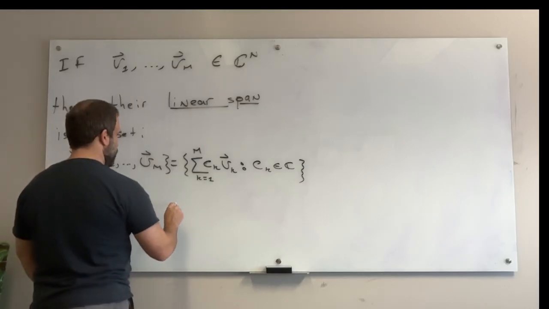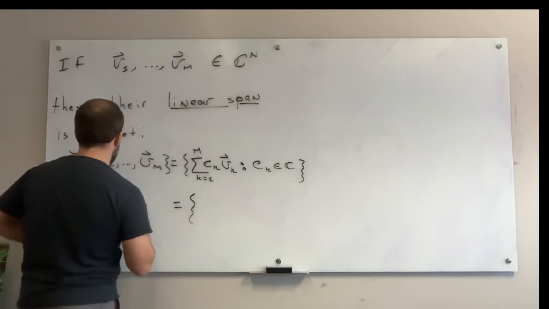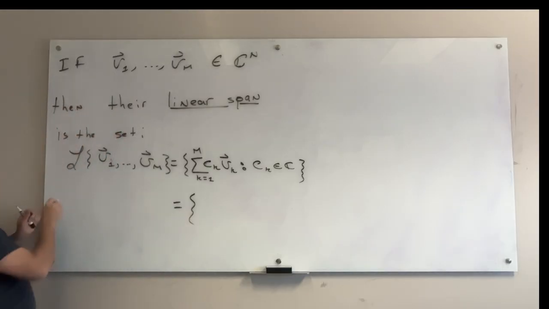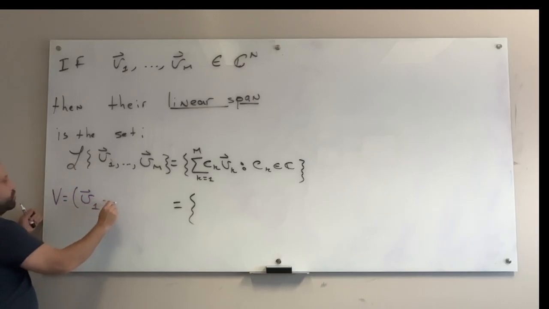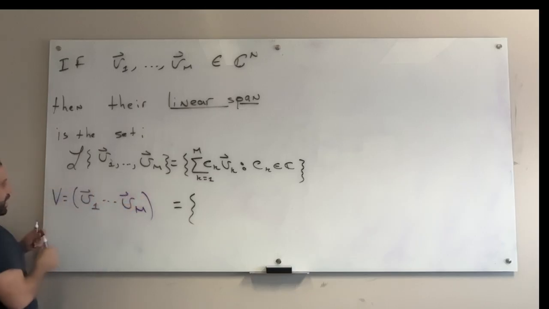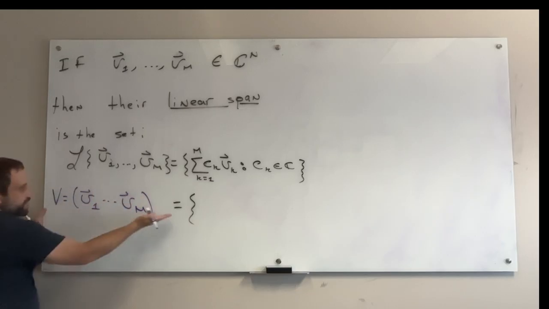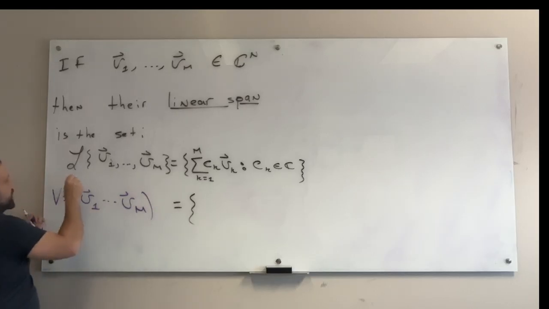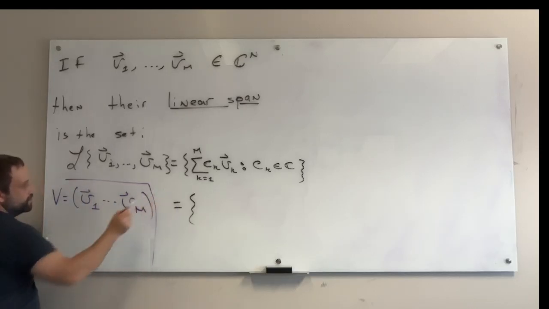Another way that we could write this, if we come down here, I'm going to define a matrix V whose first column is going to be v1, whose second column is going to be v2, all the way up to vm. Okay, so I'm just saying this equal sign goes with that equal sign. This is a separate definition of what I'm about to put here.